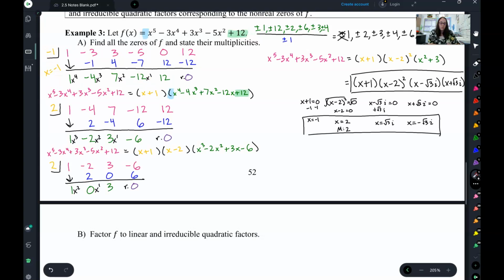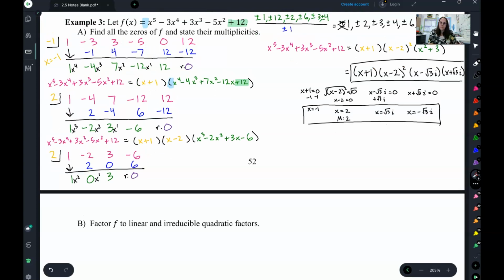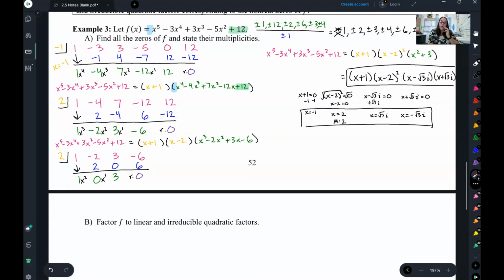Now, before we end this video, we're going to talk about B really quickly. It says to factor into linear and irreducible quadratic factors. Here's what that means. An irreducible quadratic basically means if your quadratic factors to imaginary, don't factor it. That's what an irreducible quadratic is.